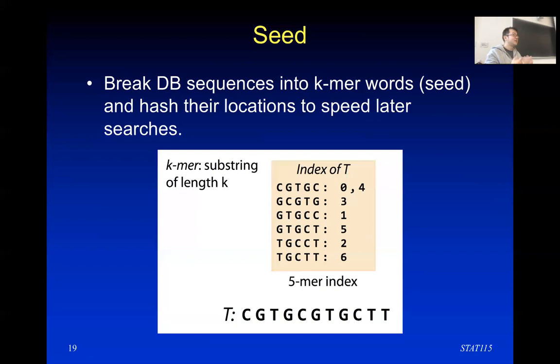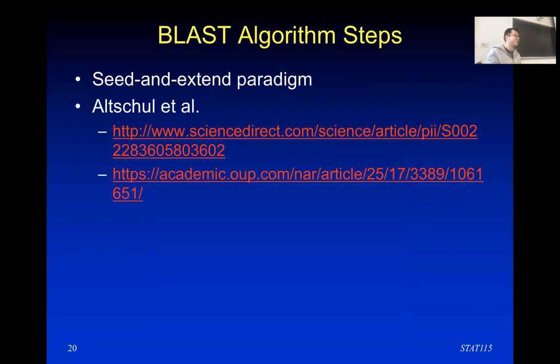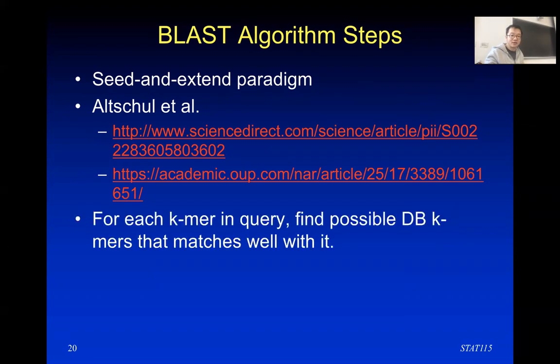And this idea is the motivation for the most widely used mapping tool, BLAST. The paradigm behind BLAST is called seed and extend, and it is one of the most popular bioinformatics tools, with the most citations.